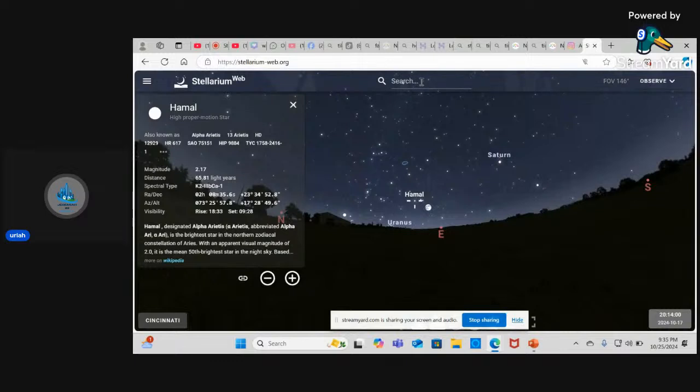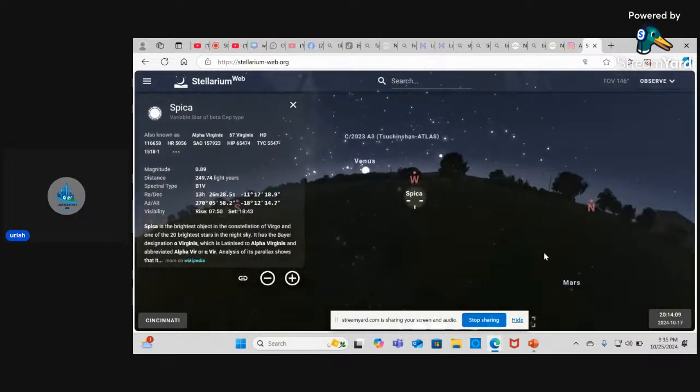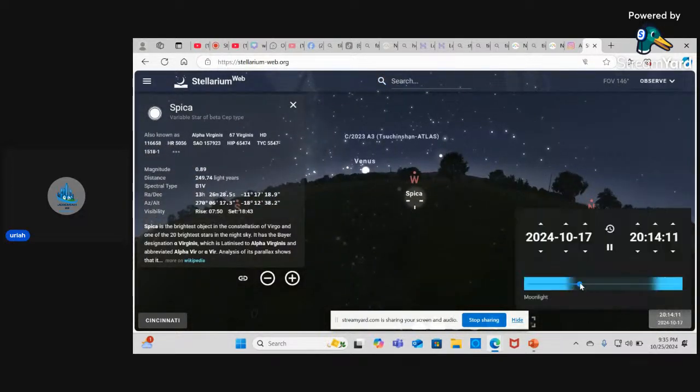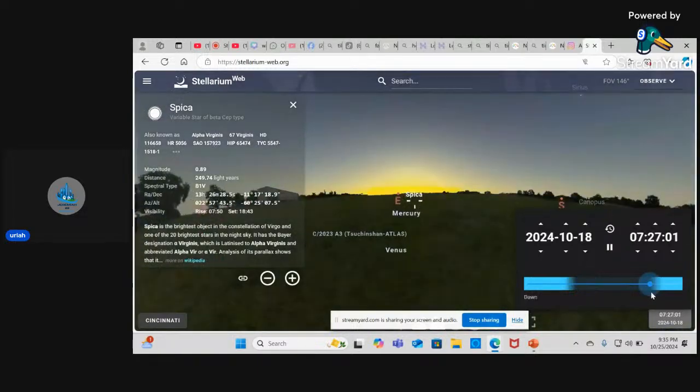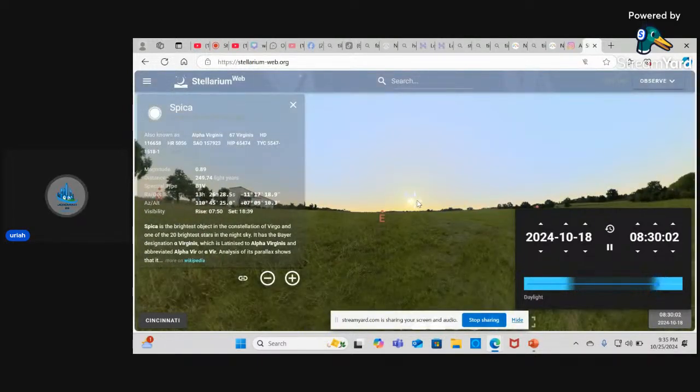Now notice where Spica is. Spica, the other star that I mentioned in the other slide, is in the proximity of or leading the sun.